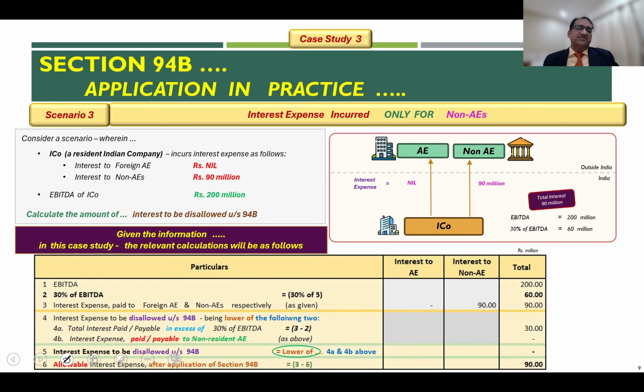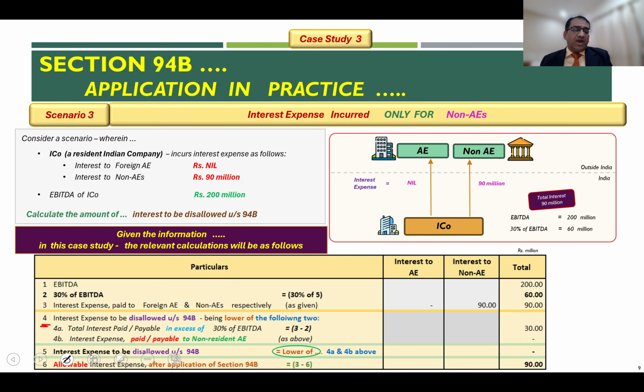Now see the calculations at the bottom. Same way, 200 is your EBITDA, 30% of that is 60 million. Now here you are paying 90 million of expense, but the entire 90 is to non-AEs. You still have to compute the same two variables to determine the allowability or otherwise. So therefore, you will first compute total interest paid or payable in excess of the 30% of EBITDA.